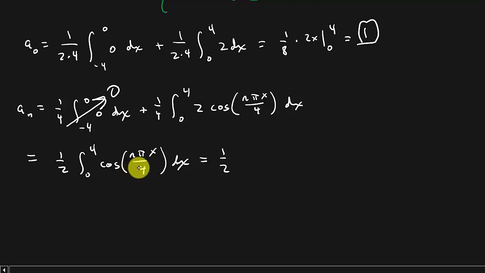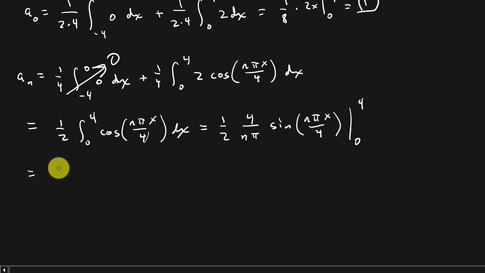The antiderivative of cosine is sine, but remember we have to multiply by the reciprocal of the coefficient of x. So that's going to be 4 over n pi sine of n pi x over 4, and that's going to be from 0 to 4. All right.